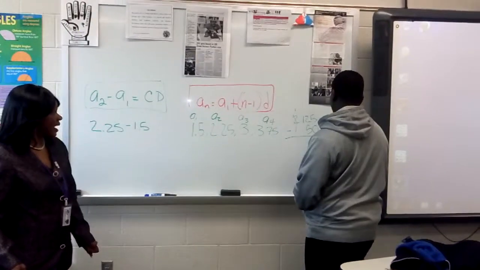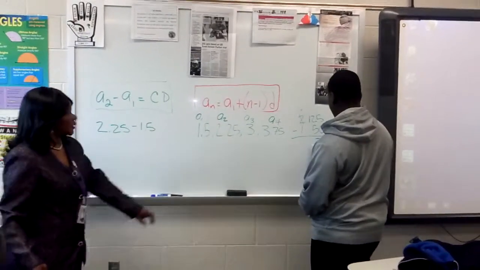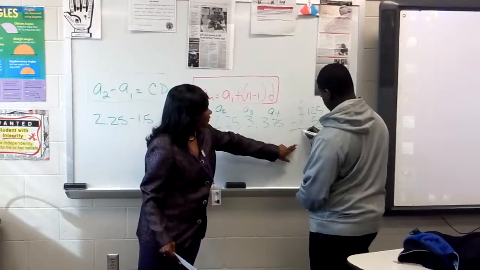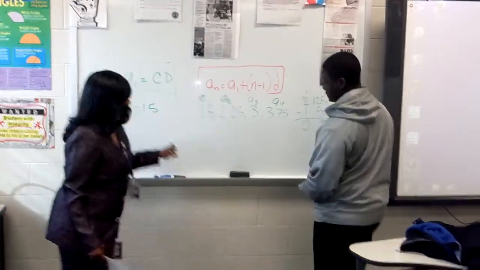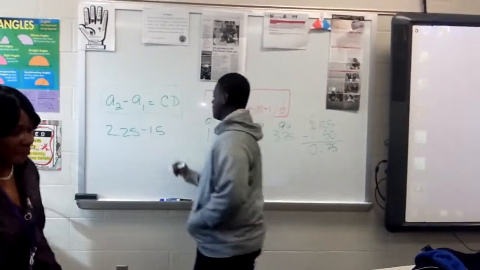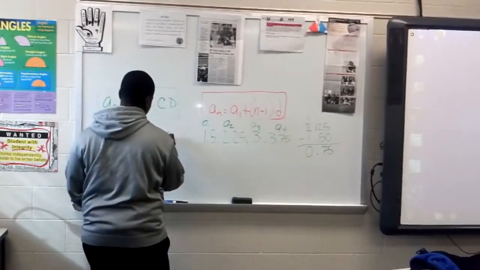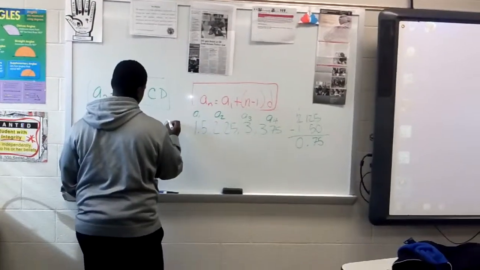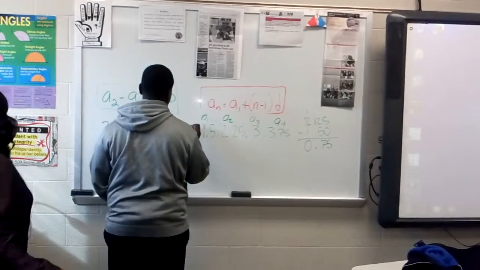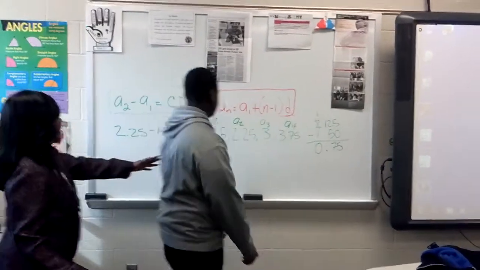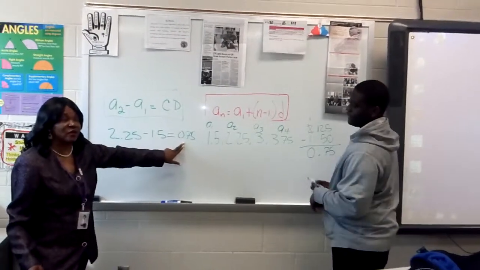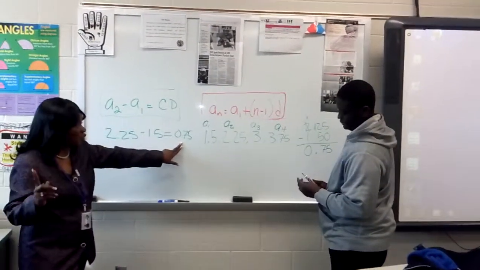If you know, put it up there, and then bring your decimal point down. Bring the 0 in front of there. So we're saying our common difference equals 0.75, which is 75 hundredths. That's how you read that.